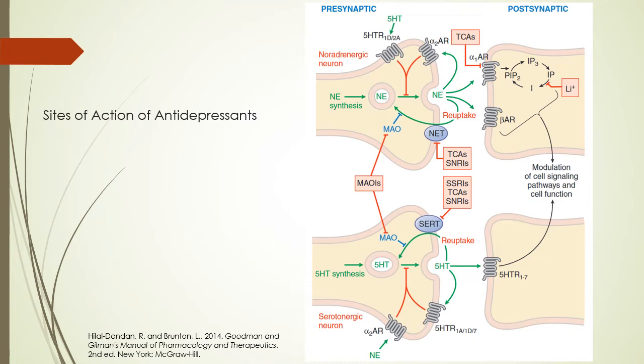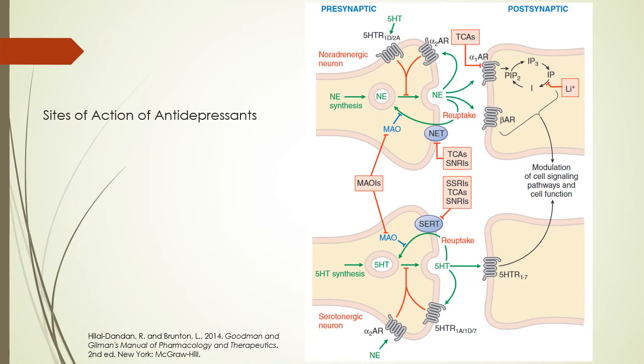So on the above synapse, and this is a noradrenergic synapse, which means that norepinephrine is the bioactive neurotransmitter in the synapse. You will see that norepinephrine is synthesized and stored in a vesicle.